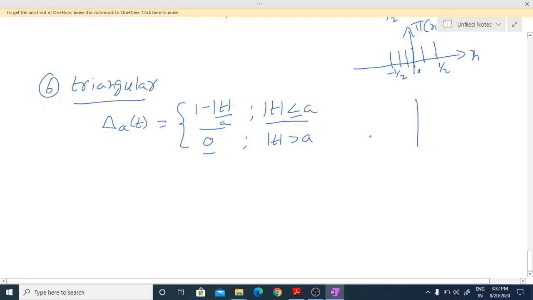Here I draw the triangular signal. t, delta A of t, and the amplitudes at minus A and plus A. So if t is in between minus A to plus A, the amplitudes are 1 minus mod t by A. Here the maximum amplitude is 1. And if the t value is greater than minus A as well as greater than plus A, it is 0.